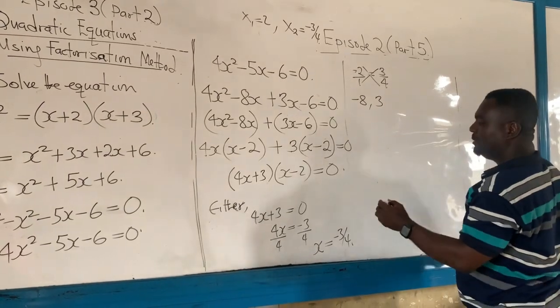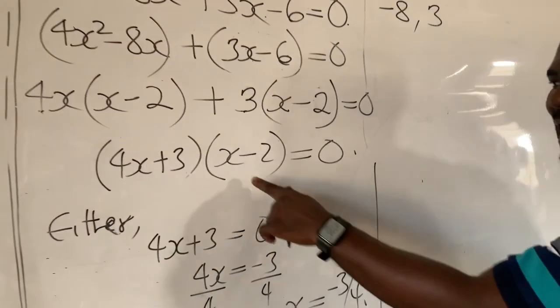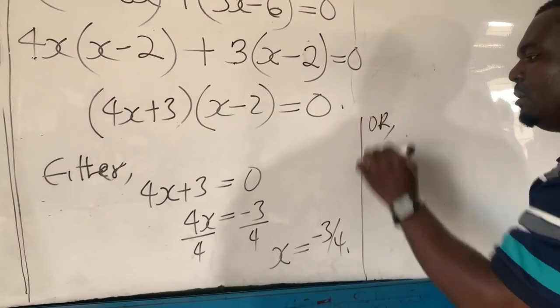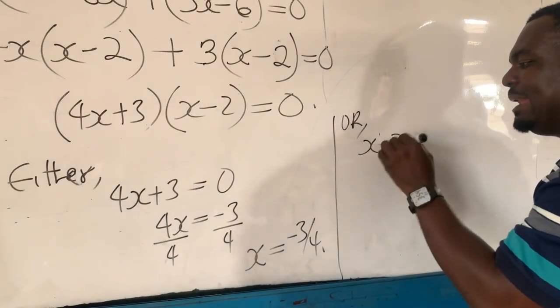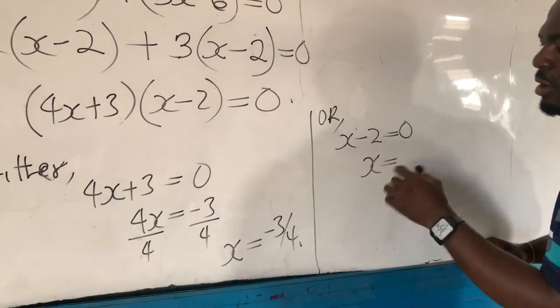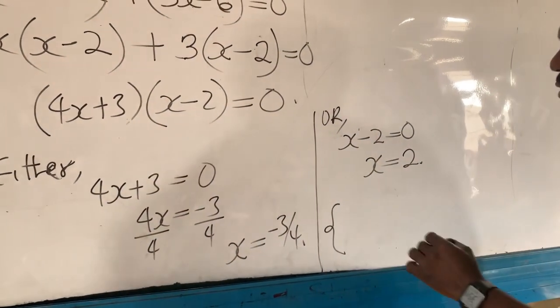Very good. So now once I've equated this to 0, I also have to equate x minus 2 to 0. Then you make x the subject, or you solve for x. So how many values of x are we getting?